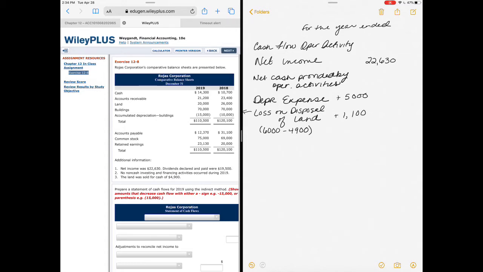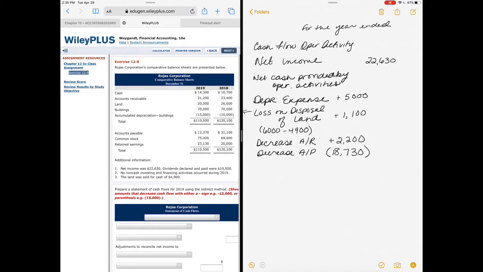Then I'm going to look to my assets and my liabilities. I have a decrease in my accounts receivable. That decrease, if I look at my accounts receivable, is $2,200. And because accounts receivable is an asset, I'm going to add that back in. And finally, if I look at my liabilities, I have also a decrease in my accounts payable. And because I have a decrease, I'm going to subtract that.